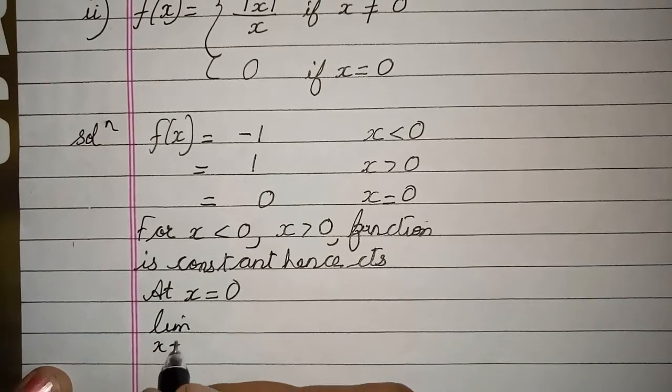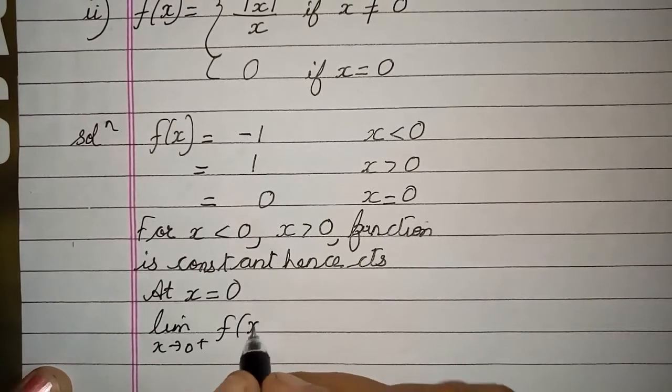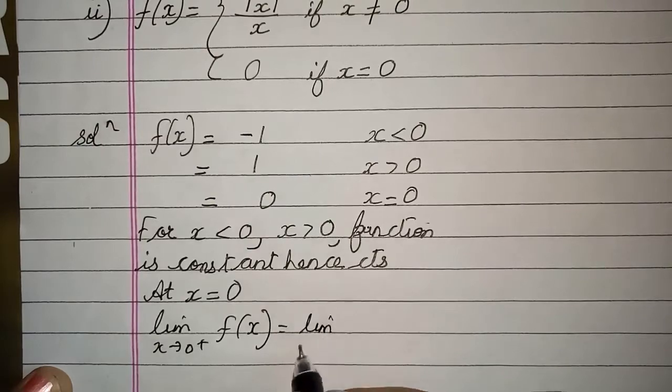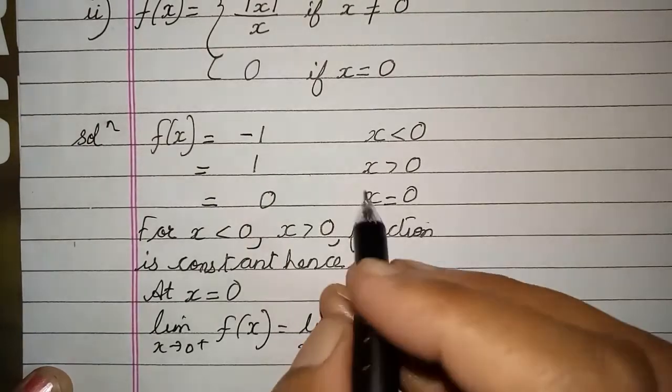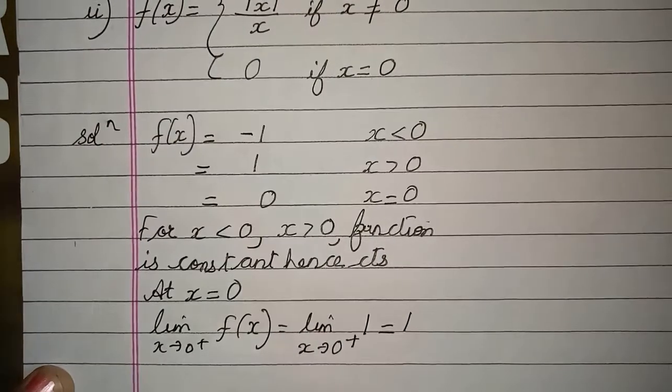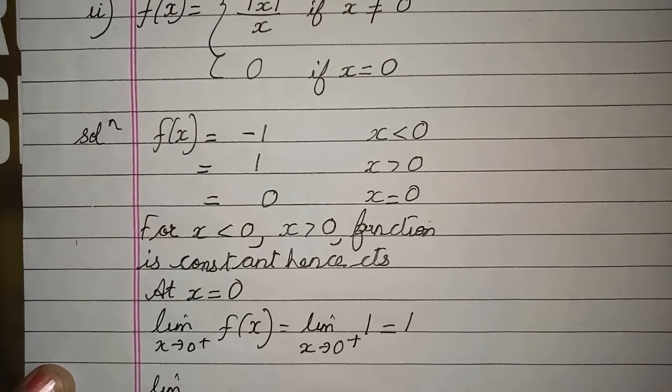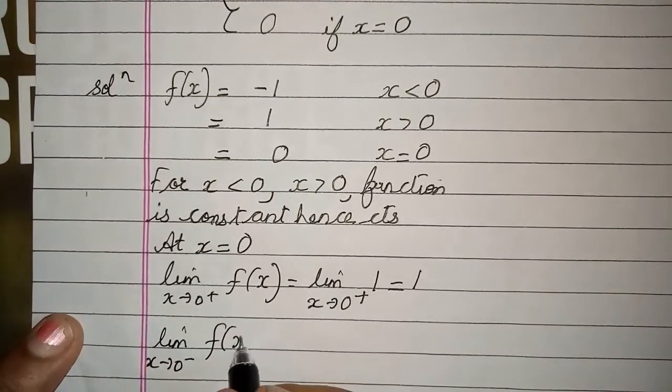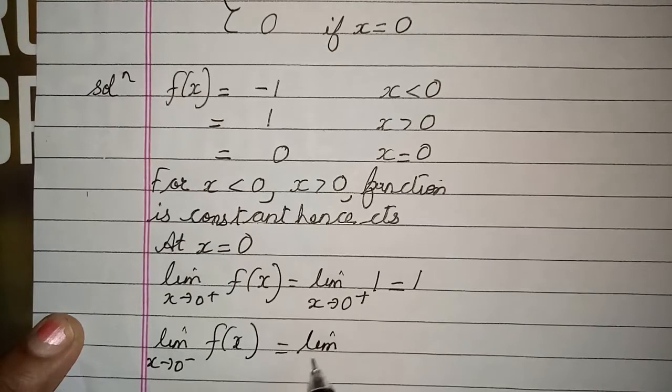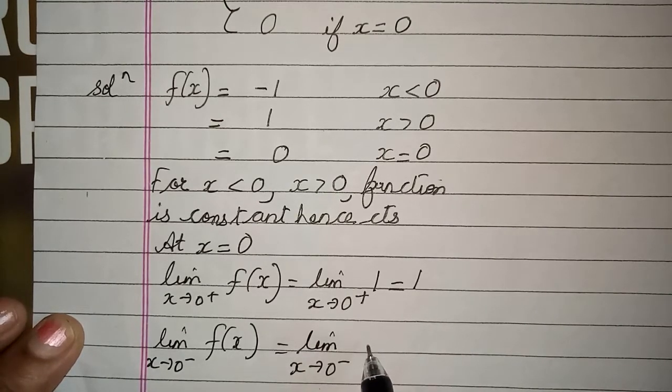Limit as x tends to 0 plus of f of x is 1. So the answer is 1. But limit as x tends to 0 minus of f of x is minus 1.